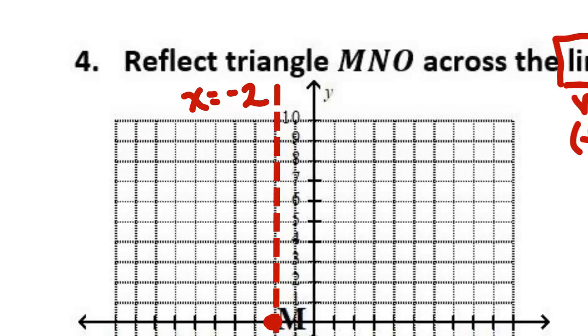When we go across a line that is not an axis, I don't have a formula like we do when I go over the x-axis or the y-axis. What we're going to have to do is count. If I'm reflecting across a vertical line like this, I'm going to count how far it is from my points to that line, and then I'm going to go the same distance away on the other side.